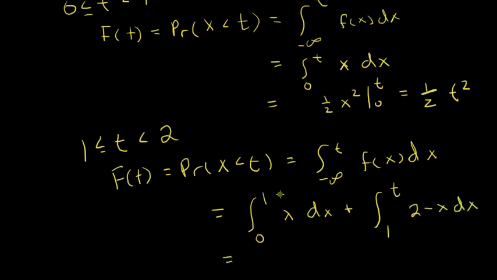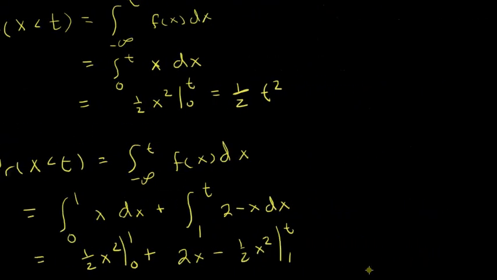So I'll go ahead and integrate this: 1/2 x squared plus 2x minus 1/2 x squared, evaluated from 1 to t. Sorry, the first part is evaluated from 0 to 1. Okay, so you would go ahead and simplify that.